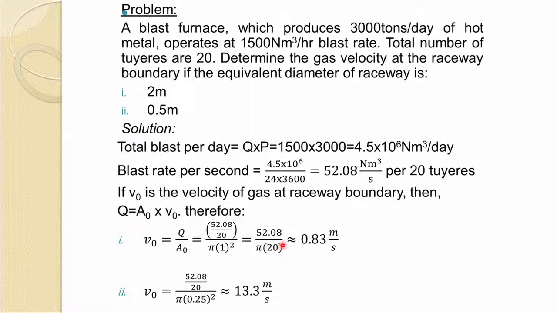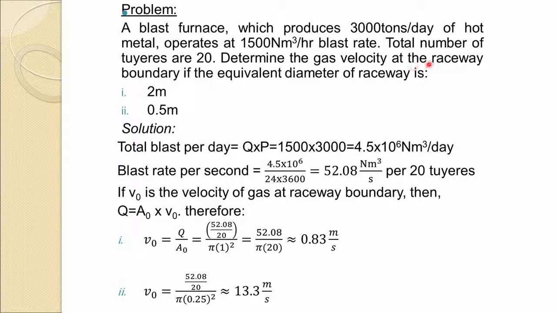So, there is one problem now. A blast furnace which produces 3000 tons per day of hot metal operates at 1500 normal meter cube per hour blast rate. The total number of tuyeres is 20.